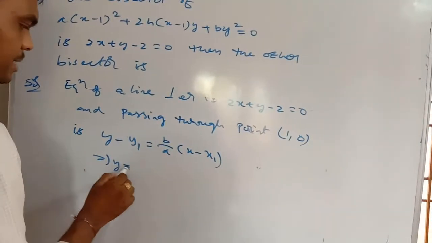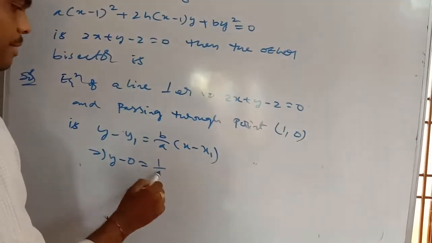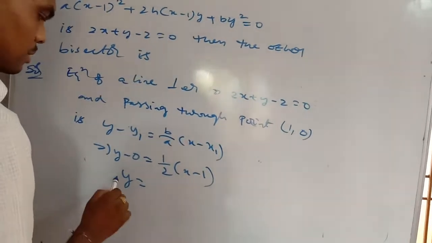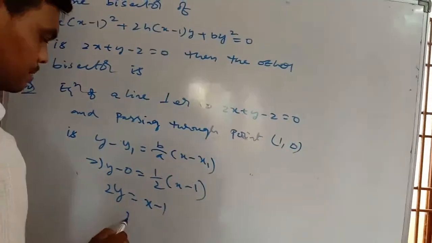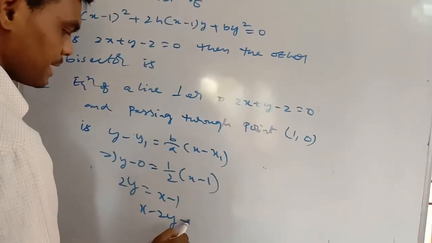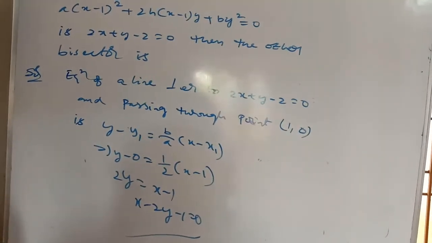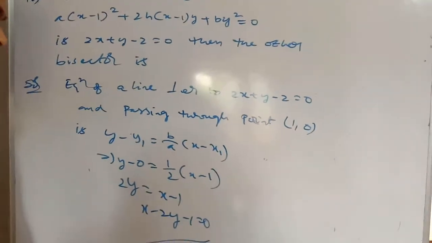So y minus 0 is equal to b by a, that means 1 by 2, into x minus 1. Now 2y is equal to x minus 1. Here x minus 2y minus 1 is equal to 0. Now the answer is x minus 2y minus 1 equal to 0.